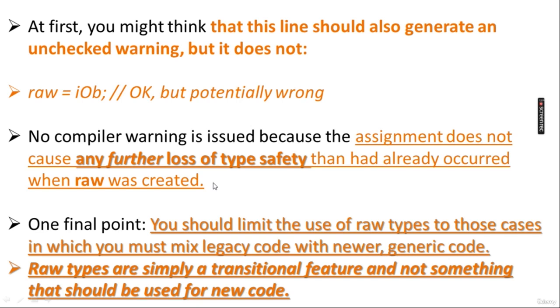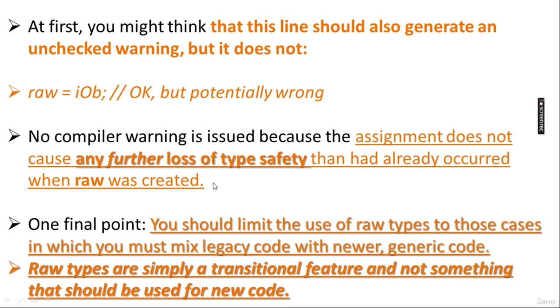You should limit the use of raw types to those cases in which you must mix legacy code with newer generic code. Whenever you want to use code generated before JDK 5 together with new code written after JDK 5, and you want to reuse the previous code, only in those cases can you mix the raw type with the generic type.